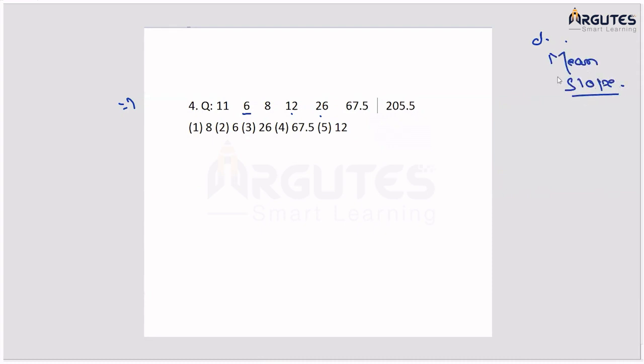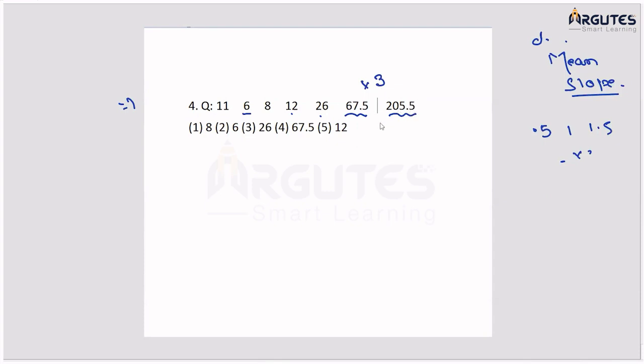Mean slope is the slope between the medium slope and the maximum slope. So it will be of the nature into 0.5, into 1, into 1.5, into 2, into 2.5, like this. So looking here, 67.5 and 205.5, it seems to be near to 67.5 and 202.5, so it is near to 3 times.